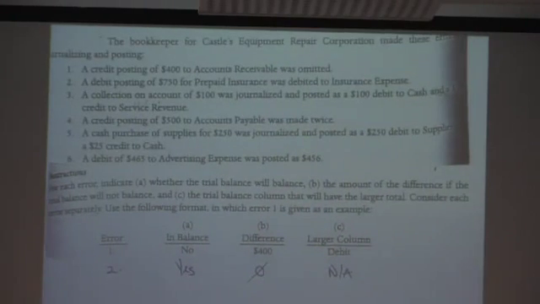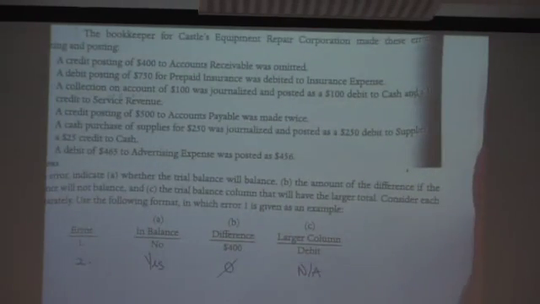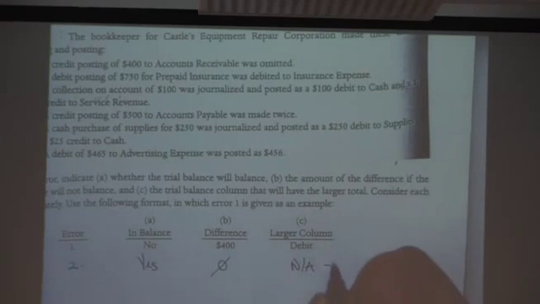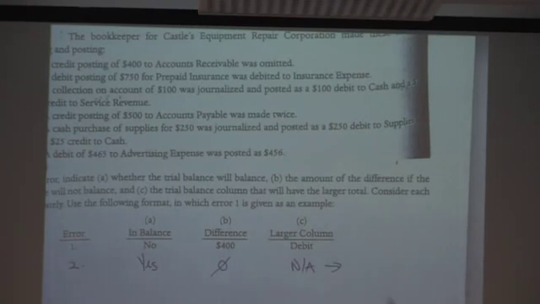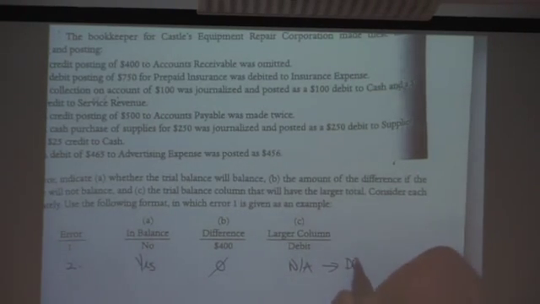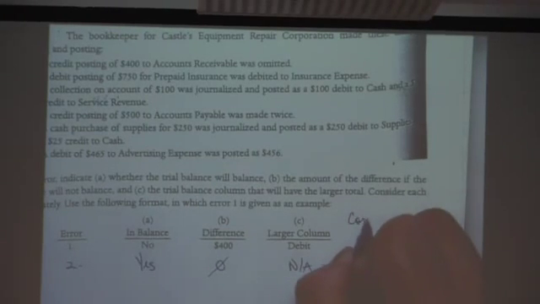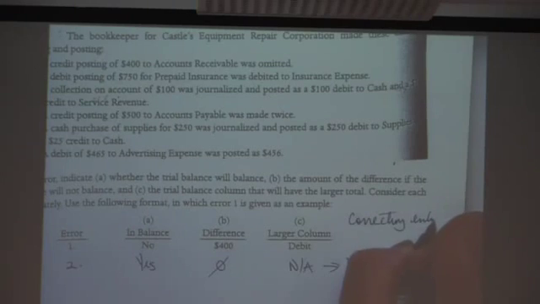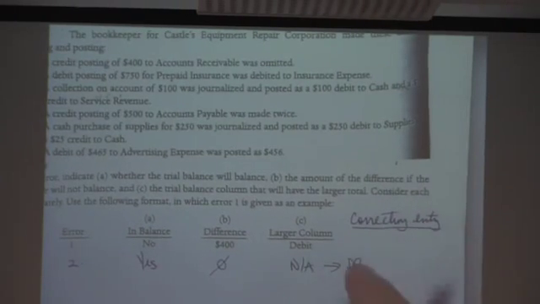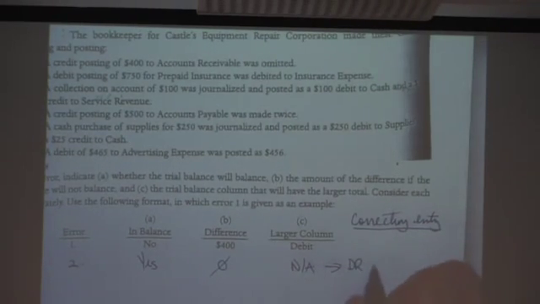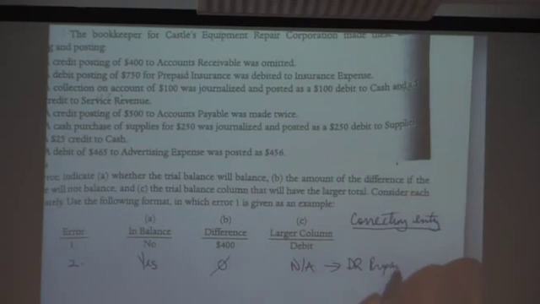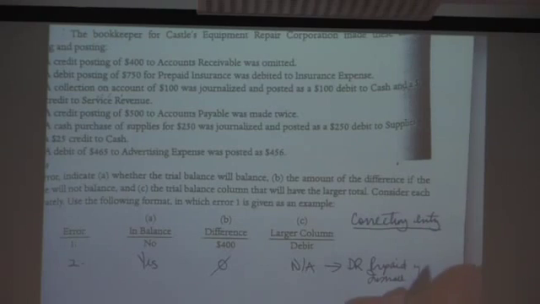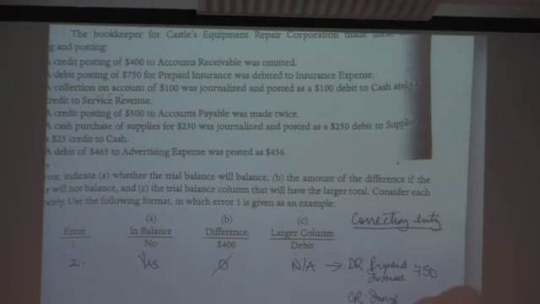So I'm expanding the question a little bit. In this case, the correcting entry for number 2 would be debit prepaid insurance and credit insurance expense.